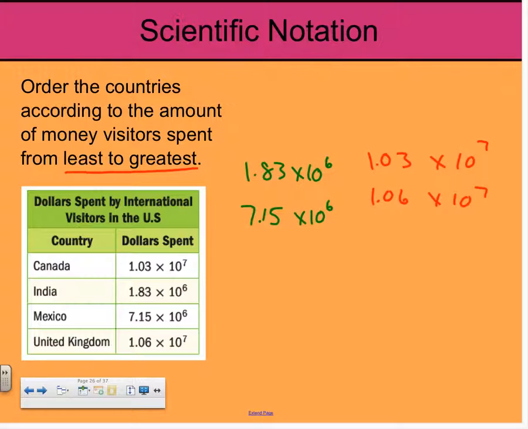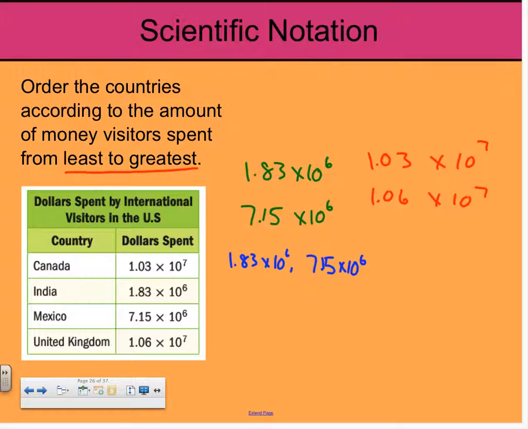Well, we look at the factor out front. So is 1.83 or 7.15 bigger? 7.15 is bigger. So the least or the smallest one would be 1.83 times 10 to the 6th. The next one would be 7.15 times 10 to the 6th.